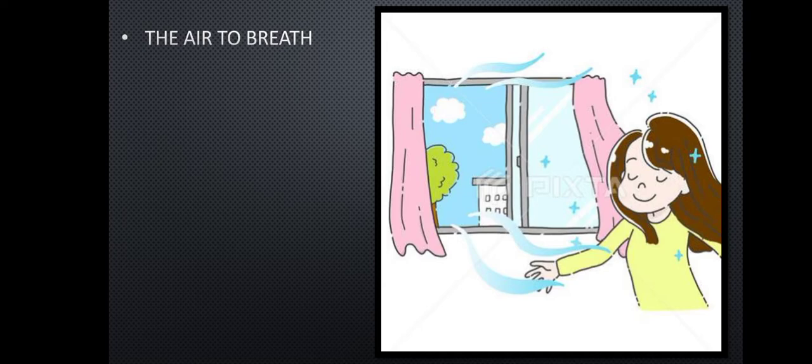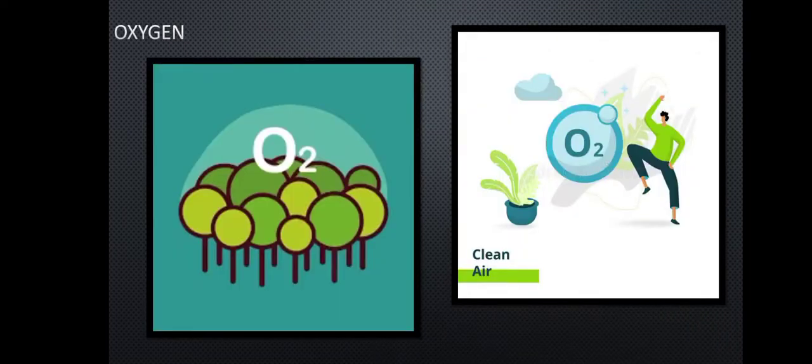Air is a mixture of different types of gases. These gases are very much important in our daily life. The most important gas that is present in our environment is called oxygen. This important gas helps all the living things to breathe, and this gas is made by the living things called plants.